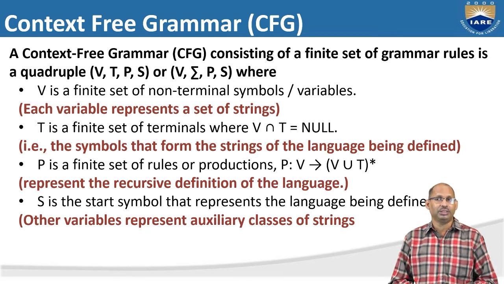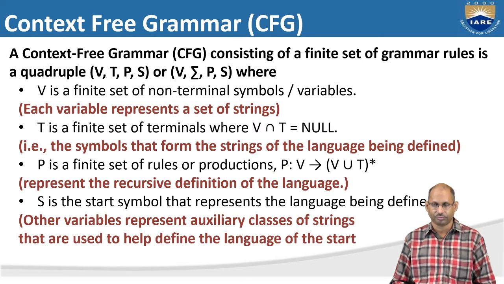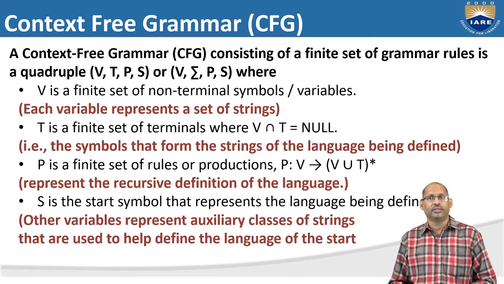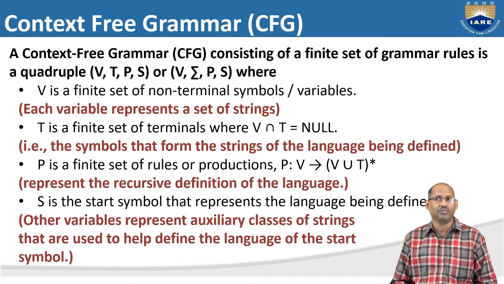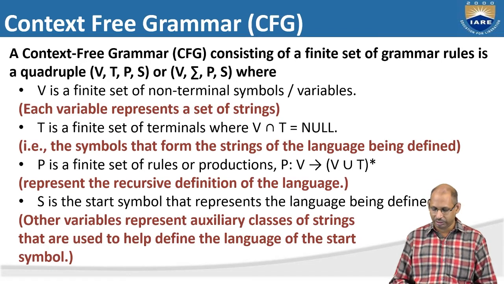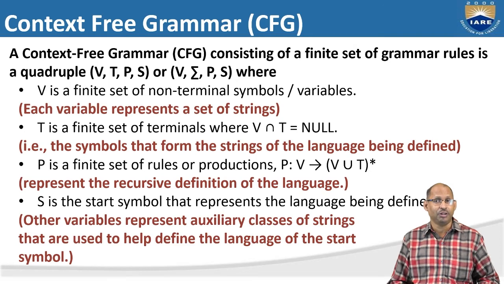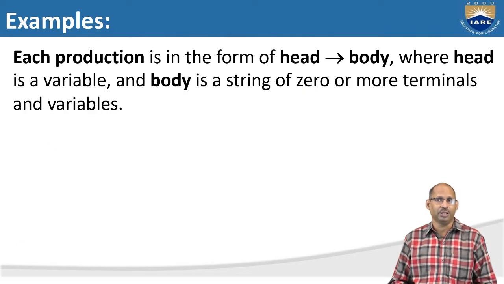It might be a simple production or it might be a recursive definition. Other variables represent auxiliary classes of strings, right? That are used to help define the language of the start symbol. For every grammar, there will be a start symbol representing the starting of the language, right? It will be connected to other variables of the grammar.